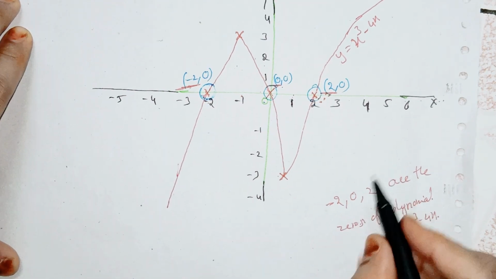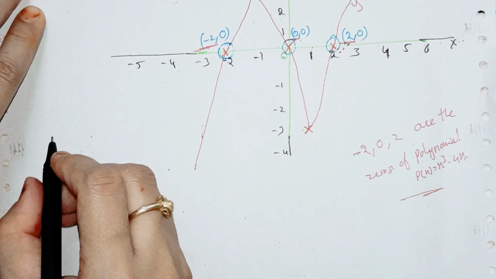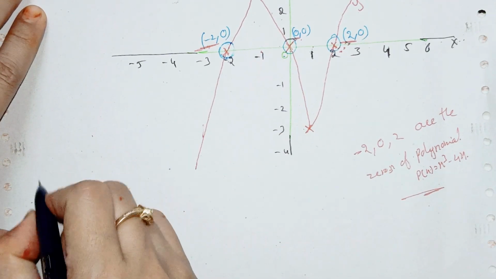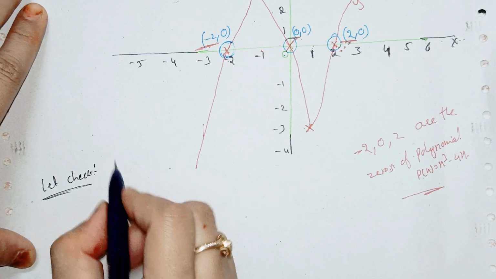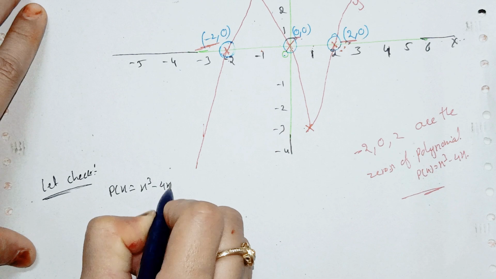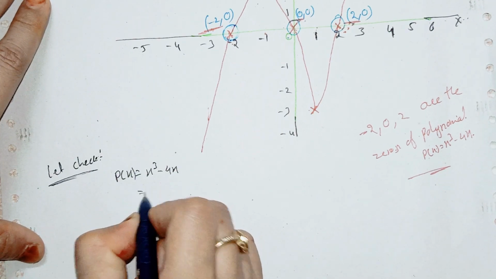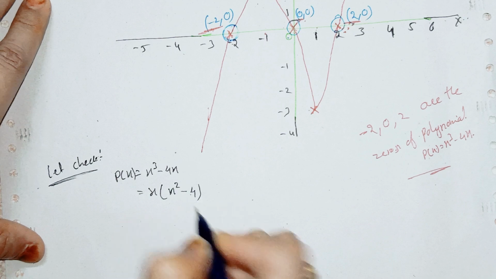Okay, you may get a doubt that whether these points are correct or not. Let us do a cross check here. So what is our polynomial? P of x equal to x cube minus 4x. Okay, so if I take the x common here, then x square minus 4.